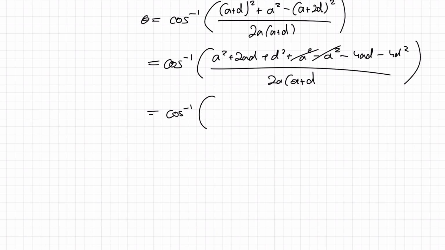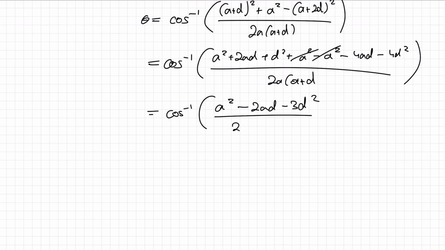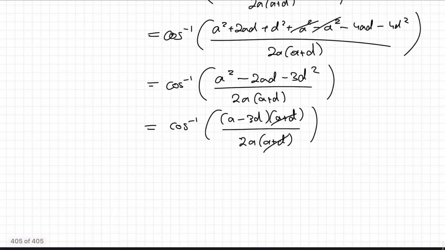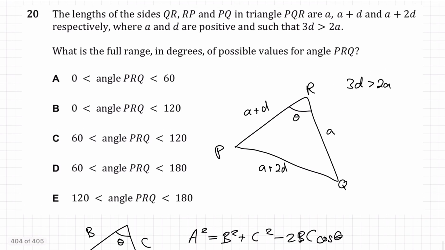So you can see these a squareds cancel out, and then we're left with a squared minus 2ad minus 3d squared over 2a times a plus d. And we can actually factorize this into a minus 3d times a plus d, which is good because now these a plus d's cancel out. No chance of them being 0 because both numbers are positive.